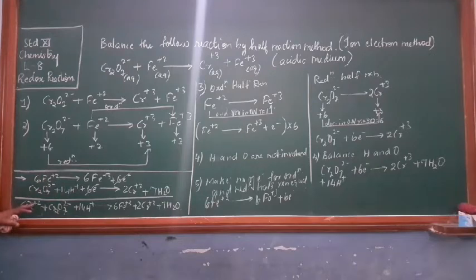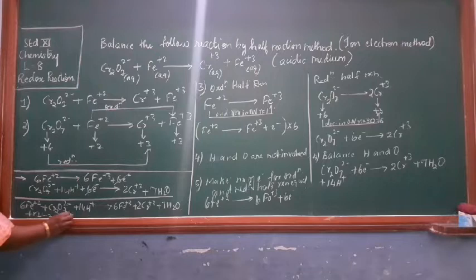Look for the charges now. How many positive charges do I have? 12 positive charge, 12 plus 14, minus 2 charge. That means I have plus 12 charge, minus 2 charge and plus 14 charge.